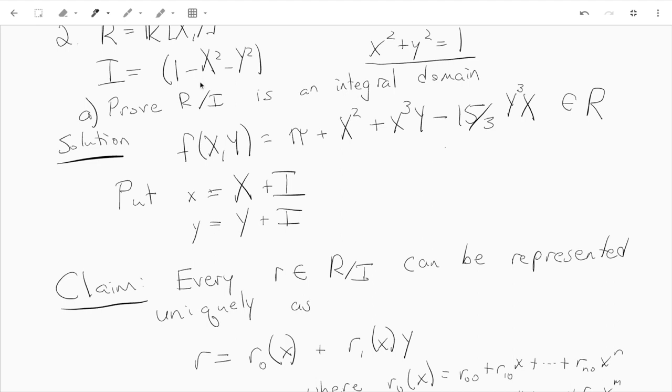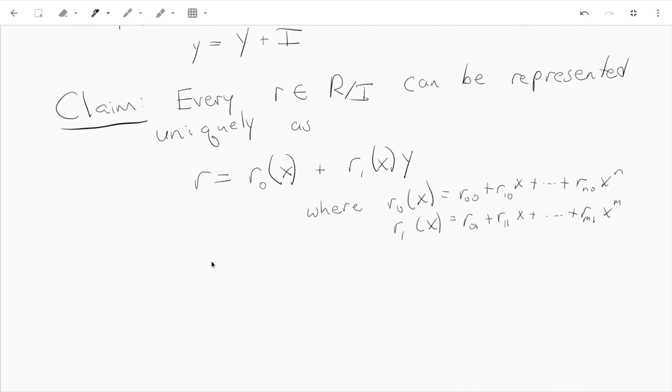In other words, we're using the following. We have y squared is equal to 1 minus x squared plus x squared plus y squared minus 1.